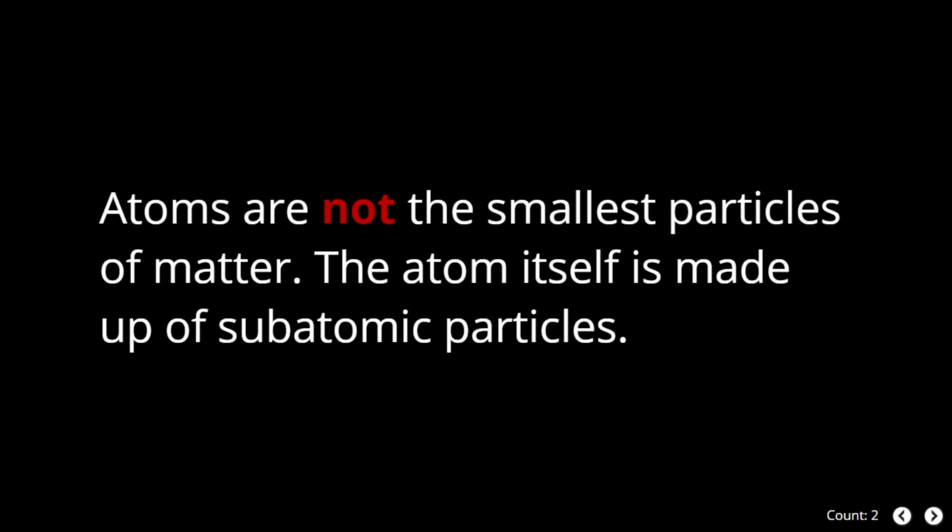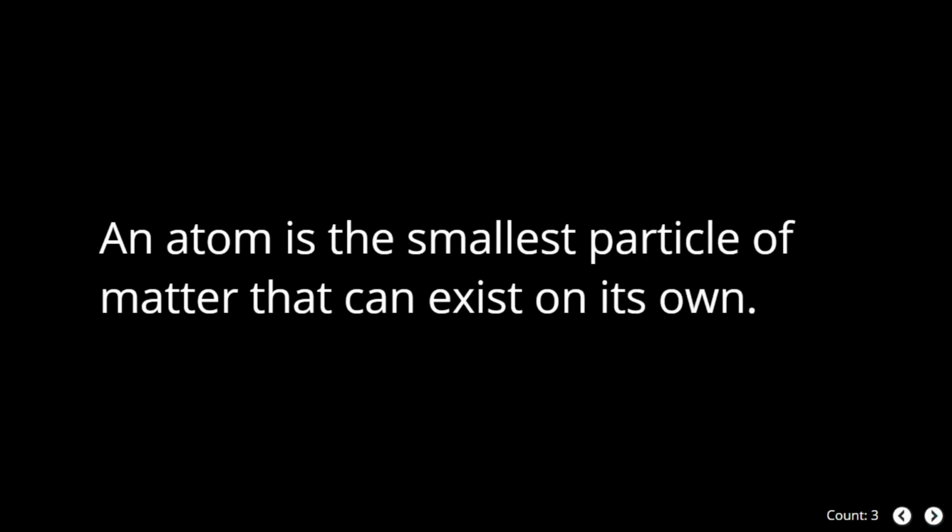Because the atom itself is made up of much smaller particles called subatomic particles. Now, I will talk about this in the next lecture. However, we consider the atom as the basic building block of matter because the atom is the smallest particle of matter that can exist on its own.